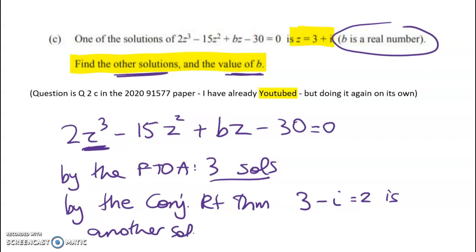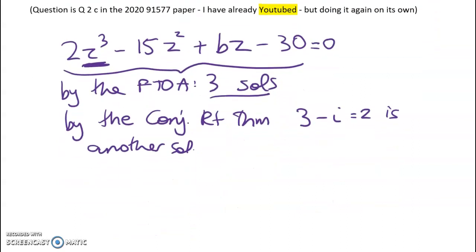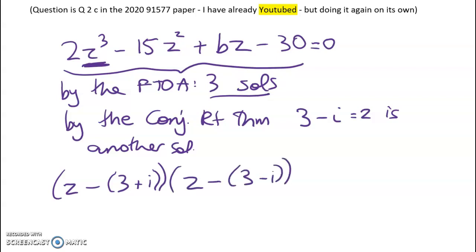What we're looking to do is to factorize this out fully so that I can get the third root. If 3 plus i is a solution, we can get a quadratic term in here. So we know that 3 plus i is a solution and that 3 minus i is a solution.